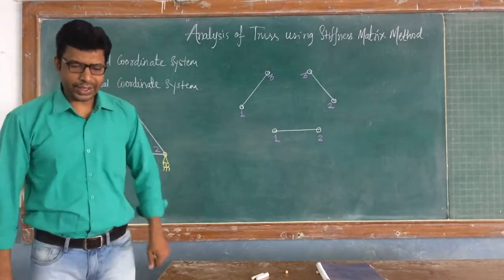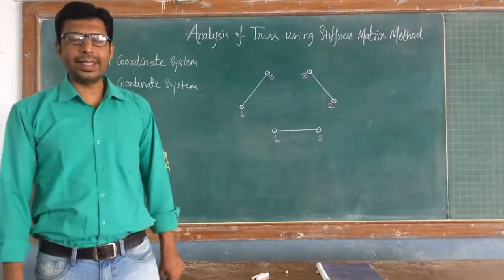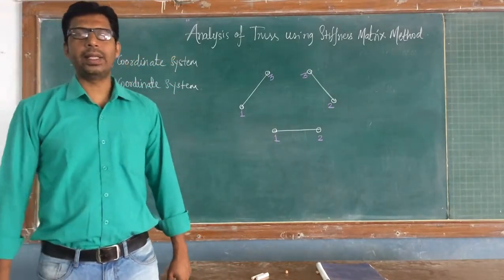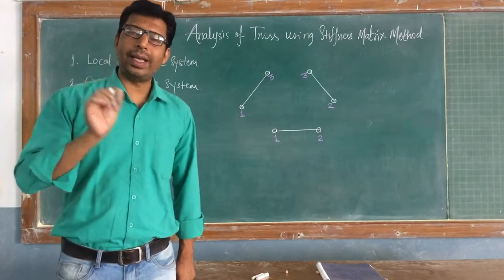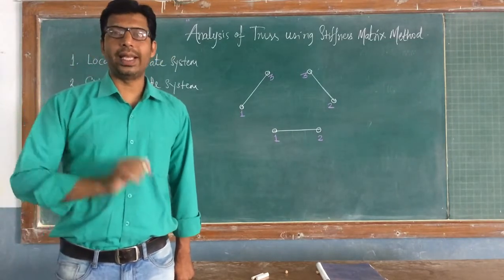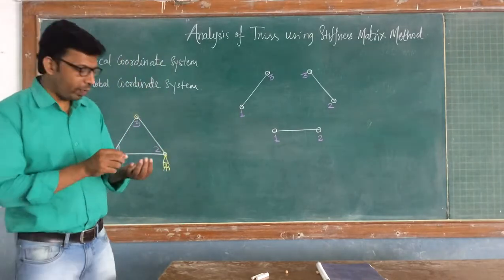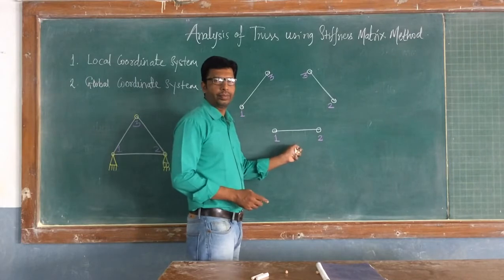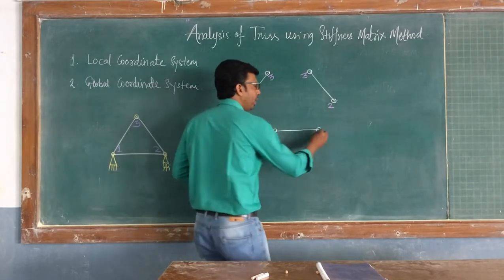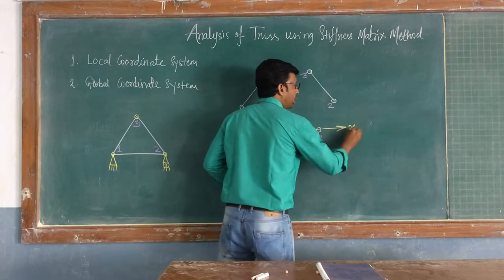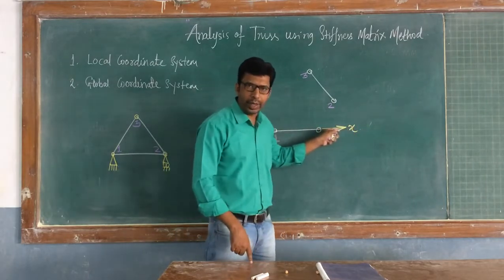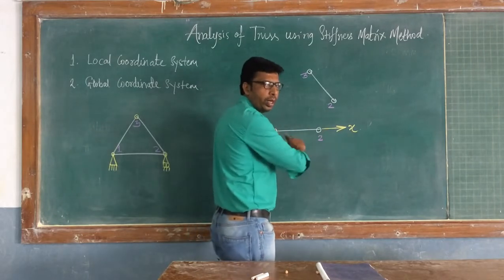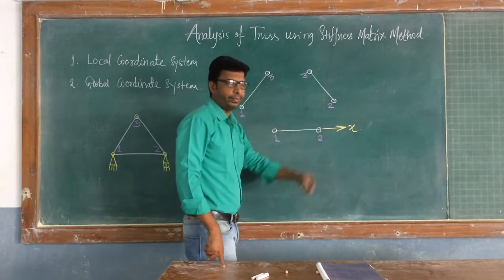Now in the local coordinate system, the x-axis is always assumed along the member, and the y-axis is assumed perpendicular to the x-axis in anti-clockwise sense. If you consider this member, along the member is your x-axis, starting from the left joint and going toward the right joint, that is plus x.